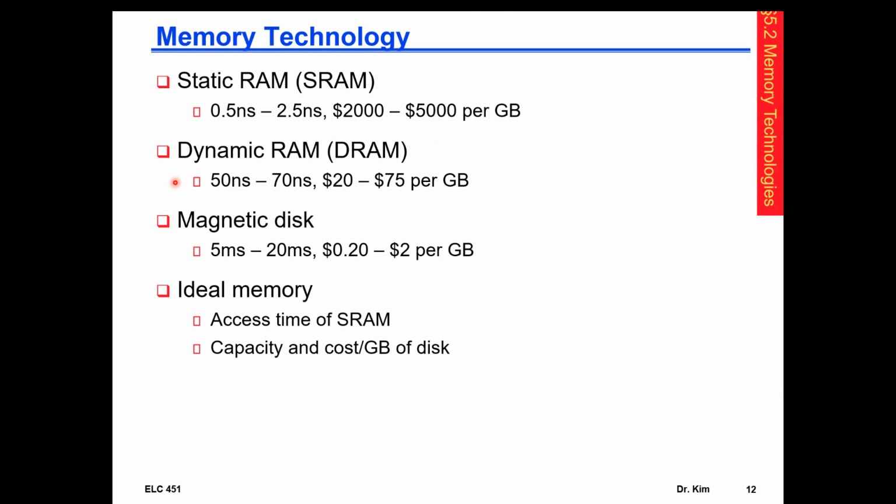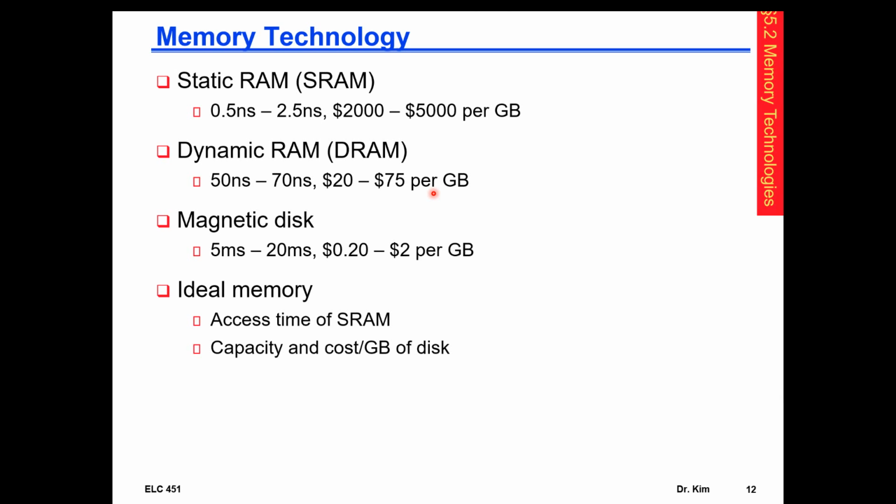At the same time, DRAM, which is your main memory, so you're going to buy a computer at Best Buy and they tell you that you have 16 gig of memory, that's what they're talking about. Access time would be in the 50 to 70 nanoseconds, so well beyond an order of magnitude of the static RAM, but couple of orders of magnitude on cost. Could have expected to pay about $20 to $75 per gigabyte.